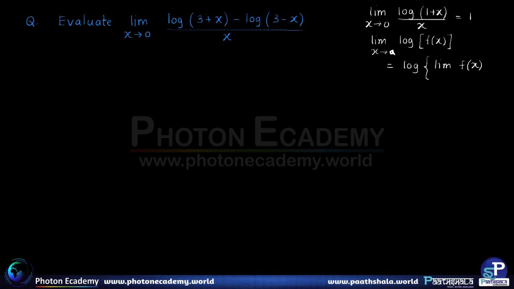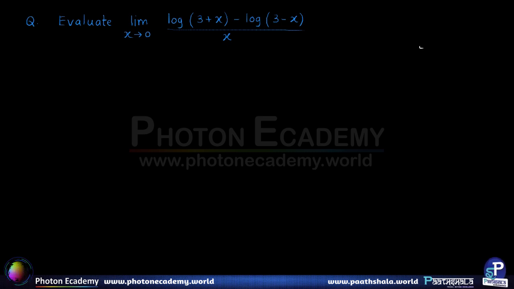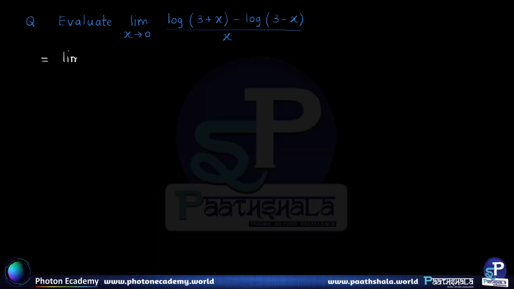So limit of log is nothing but log of the limit, provided that limit is positive. So keeping that in mind, let us try to solve this particular question. Alright, so here limit x tends to 0.